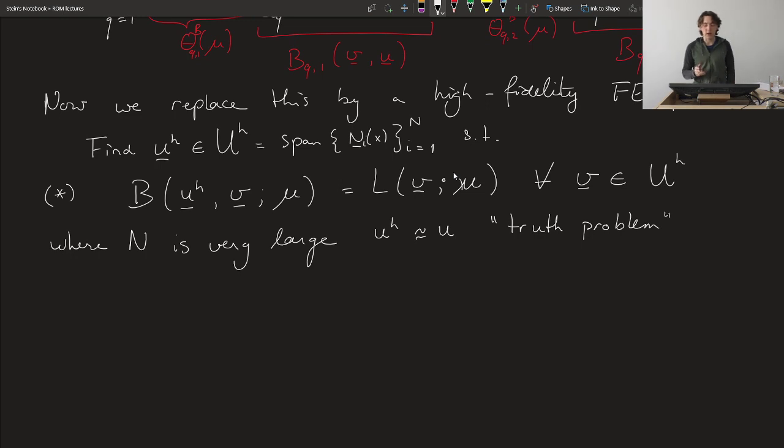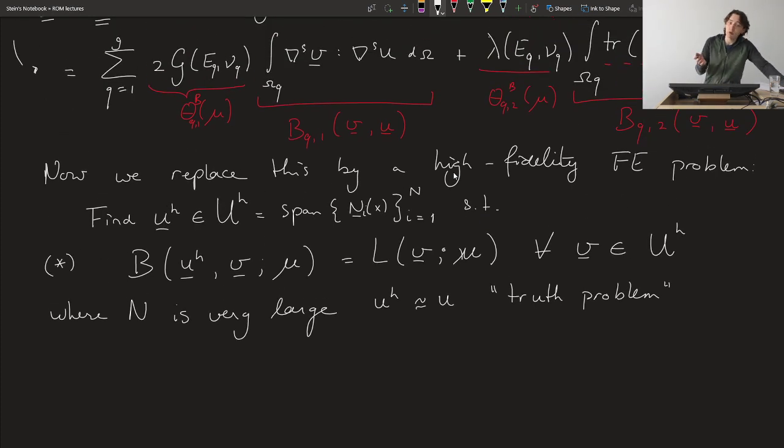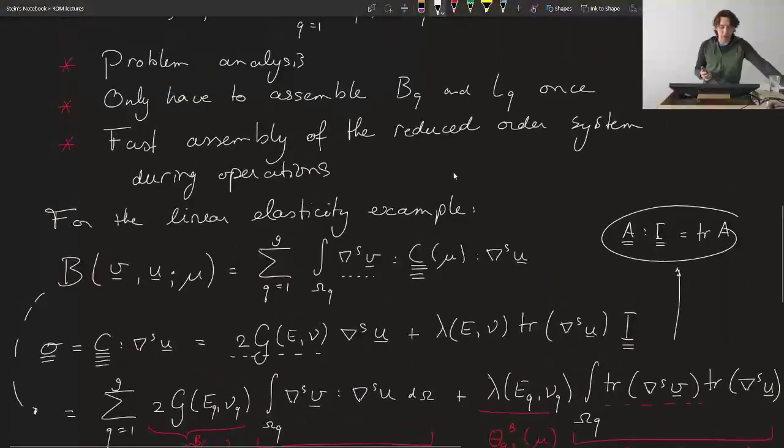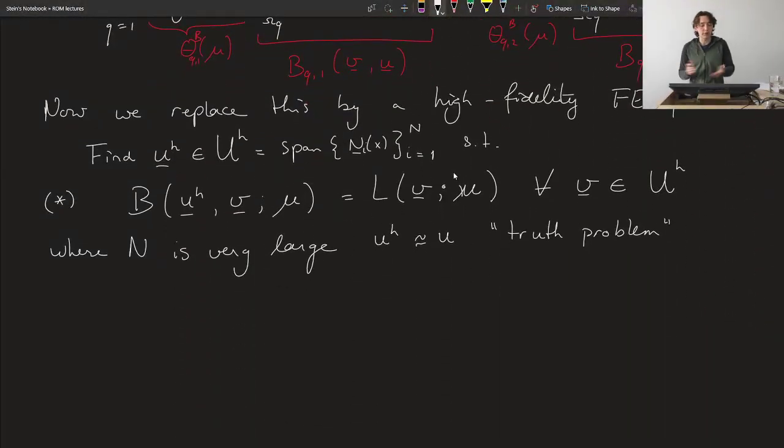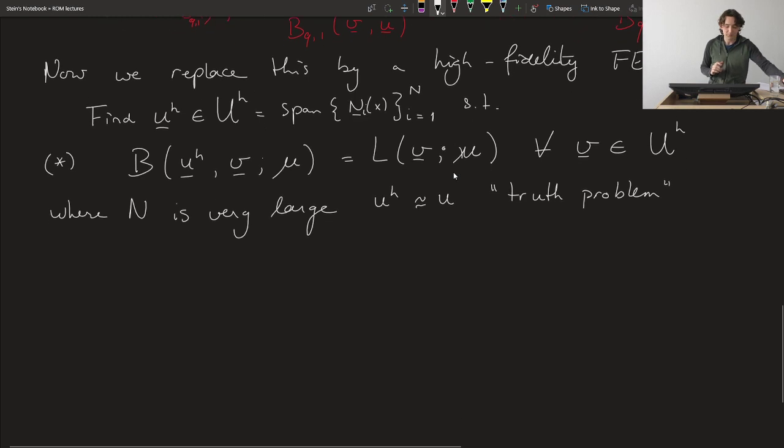So what we can do right now is, even though this might be very, very expensive, and the objective is to make exactly this a cheap procedure, we can pick a certain parameter, assemble or create our finite element formulation, which is actually a relatively cheap procedure because of that affine decomposability, and then solve that system of equations. And that part is still extremely expensive, and that's what the reduced models still want to make cheap.